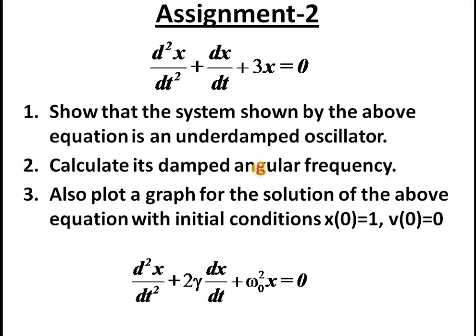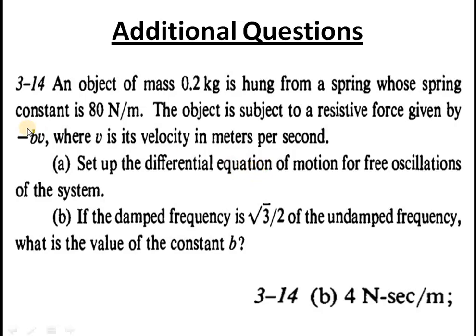Here is an additional question. It is not compulsory, but if you do it, it is good for your exam purposes. An object of mass 0.2 kilogram is hung from a spring whose spring constant is 80 Newton per meter.